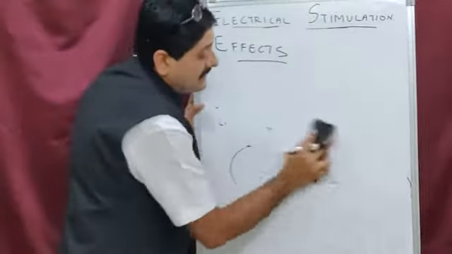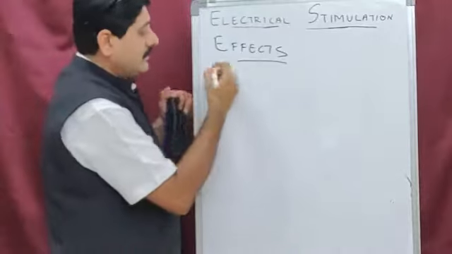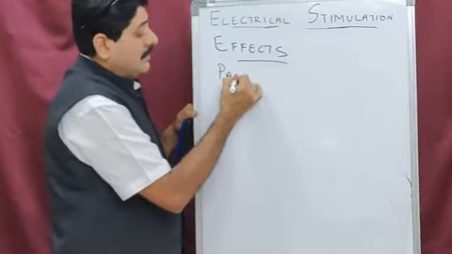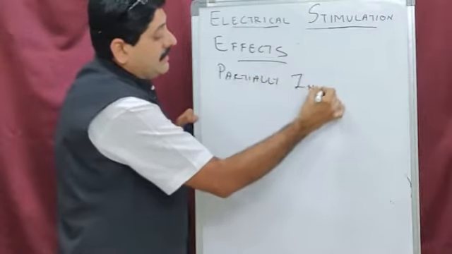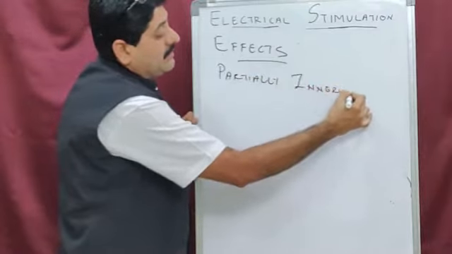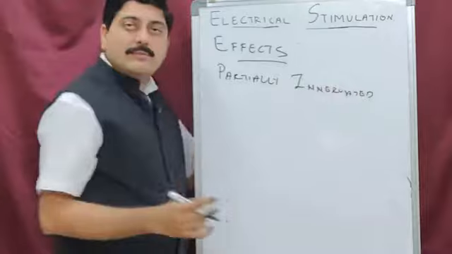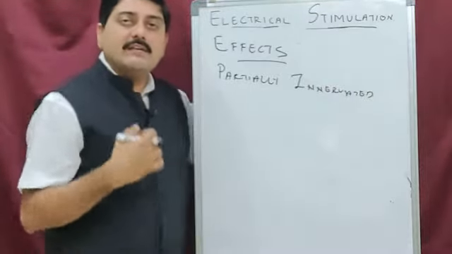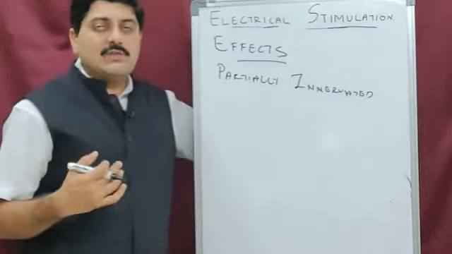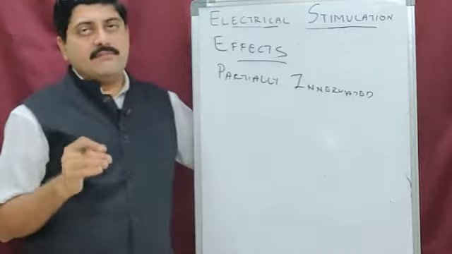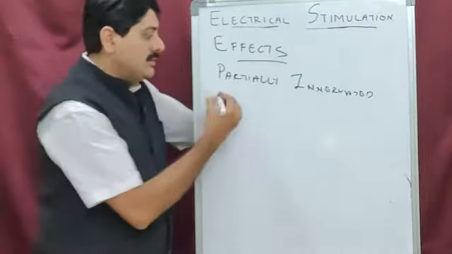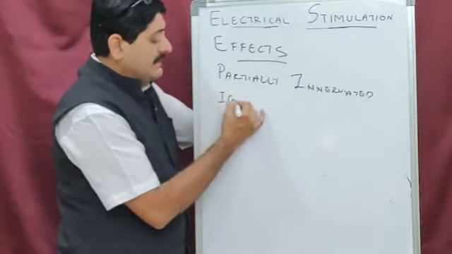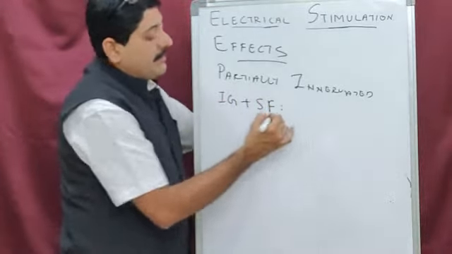Now if the muscle is partially innervated, right? So if the muscle is partially innervated, it means the nerve recovery is taking place. When the muscle is partially innervated, we are going to use the IG plus SF protocol.